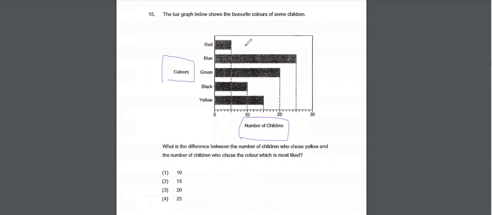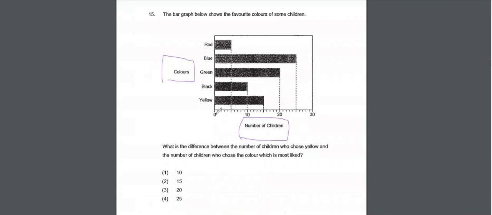Like I mentioned, it's very important for us to analyze the graph. That will be the first thing that we will be doing. We will have to find out how much each of these represents. So first, let's look at red. Let's find out how many this line represents first.